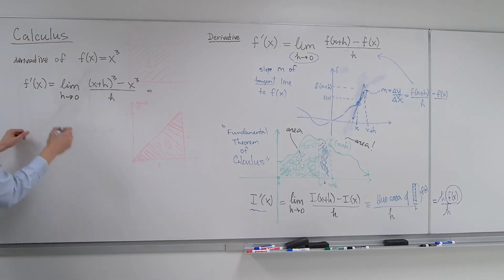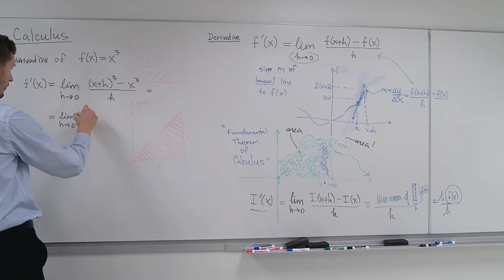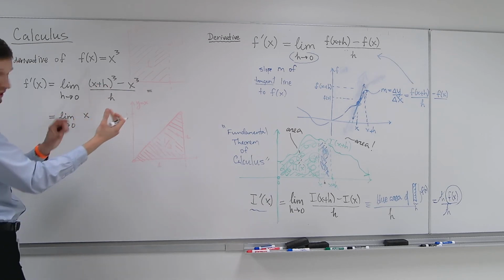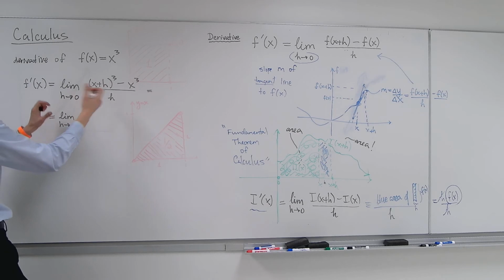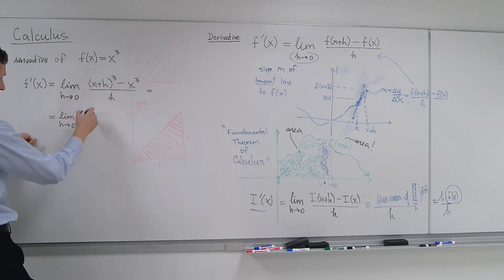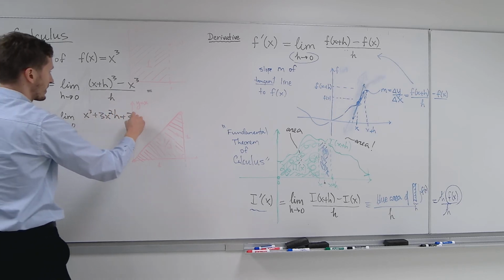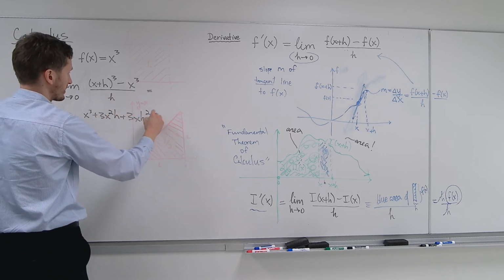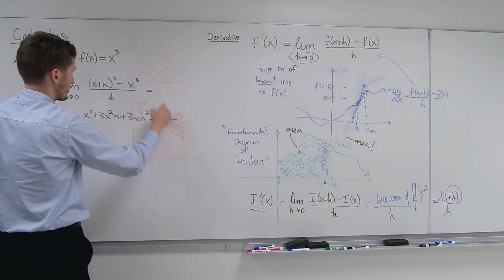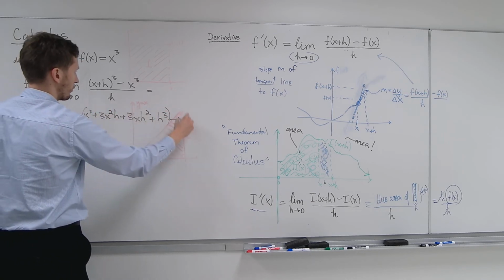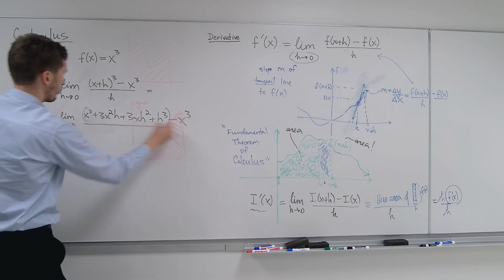We're used to this a little bit now, right? So we're going to say that this is equal to, now if you know what this is, or you can take your time doing the expansion of x plus h times x plus h squared, or binomial x plus h cubed. We get x cubed plus 3x squared h plus 3x h squared, and plus h cubed. And take away, of course, that x cubed at the end, all over h.